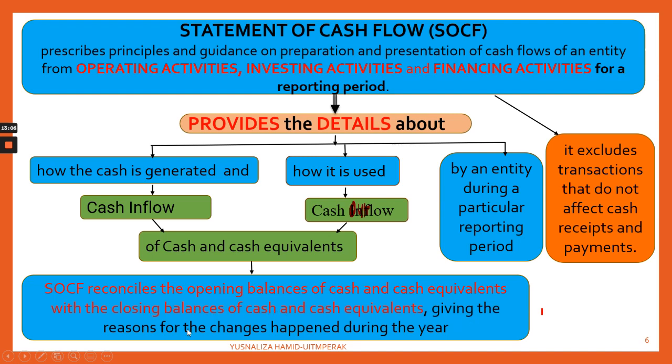And we need to give reason for the changes that happen during the year. And these cash and cash equivalents will have to be later reconciled with the three activities mentioned here: the operating activities, investing activities, and financing activities.